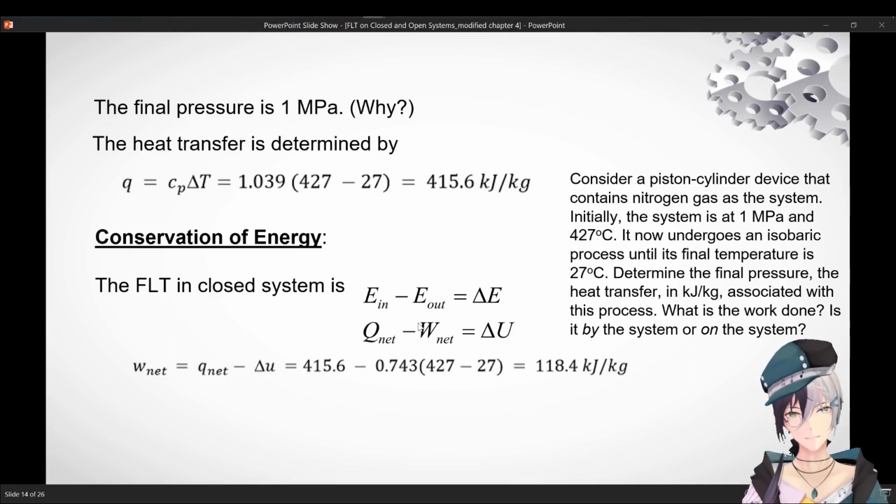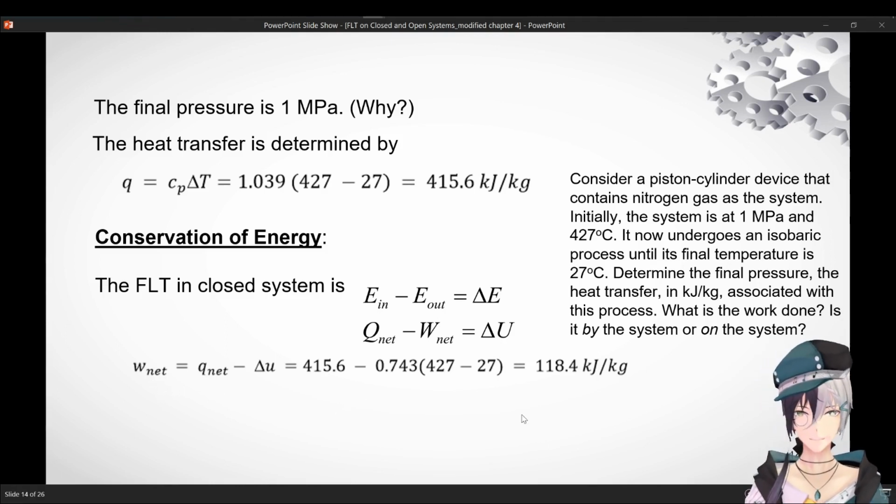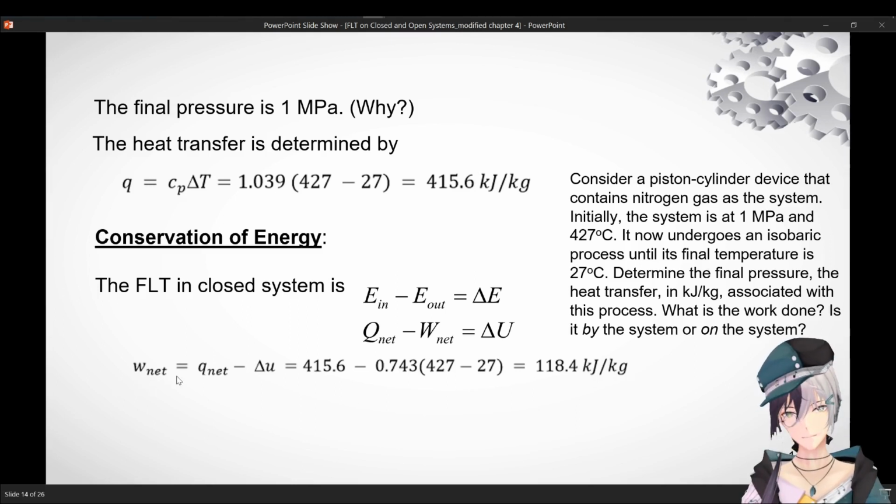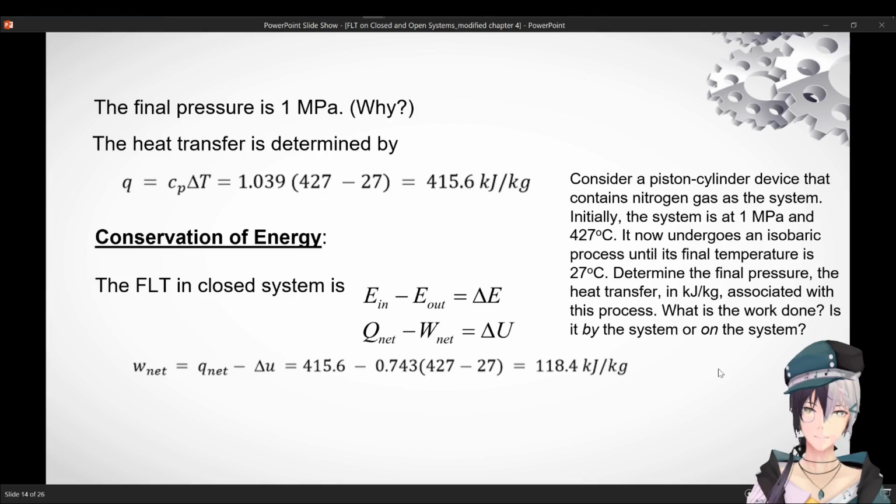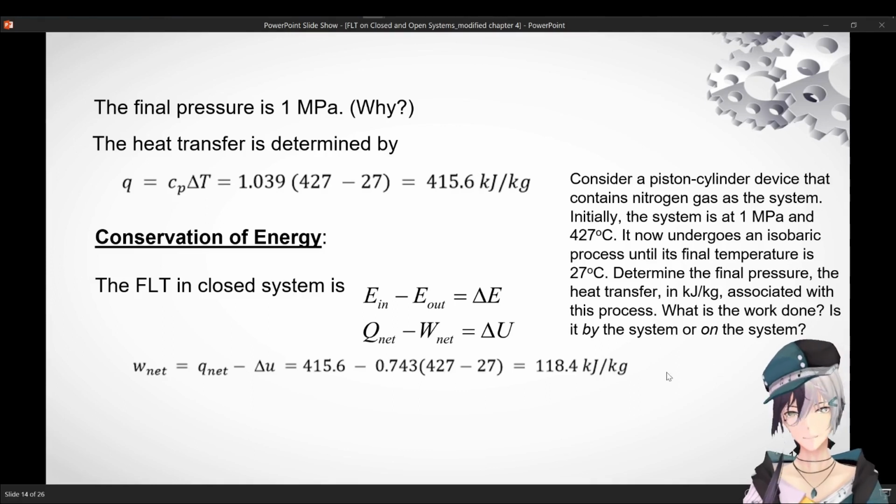Rearranging this equation and dividing by unit mass, again the answer will be in kilojoules per kilogram. So we have answered the value for work.